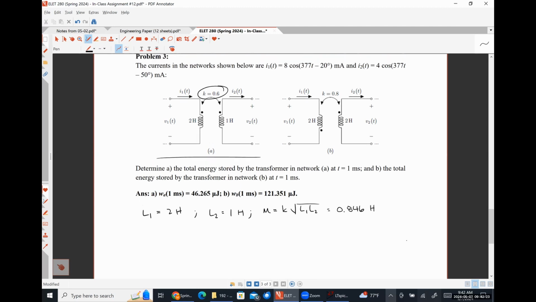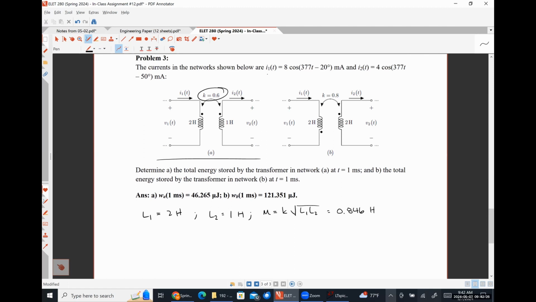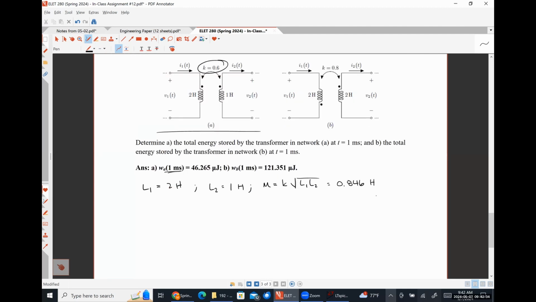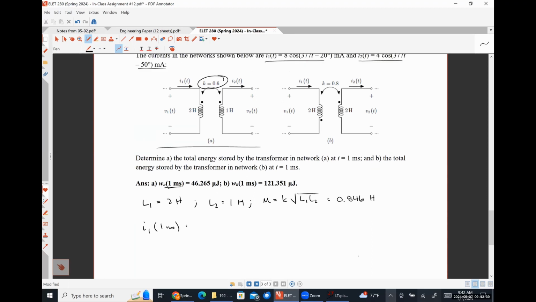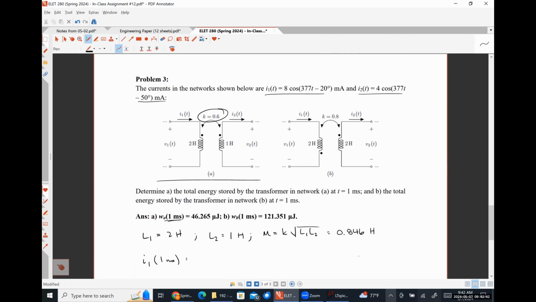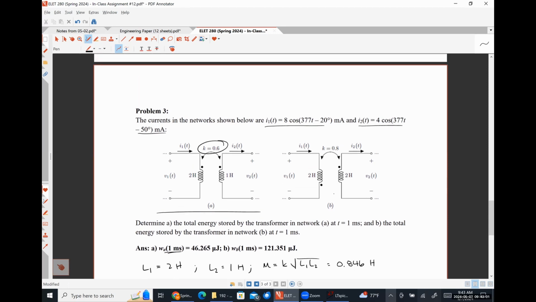So here we have I1 and here we have I2. We're trying to find things at a specific time of 1 millisecond. So I1 at 1 millisecond means I'm literally just going to plug 1 millisecond into this equation. So 8 times the cosine of 377 times 0.001 minus, now I've got to pay a little bit of attention here, so I'm going to write this out.